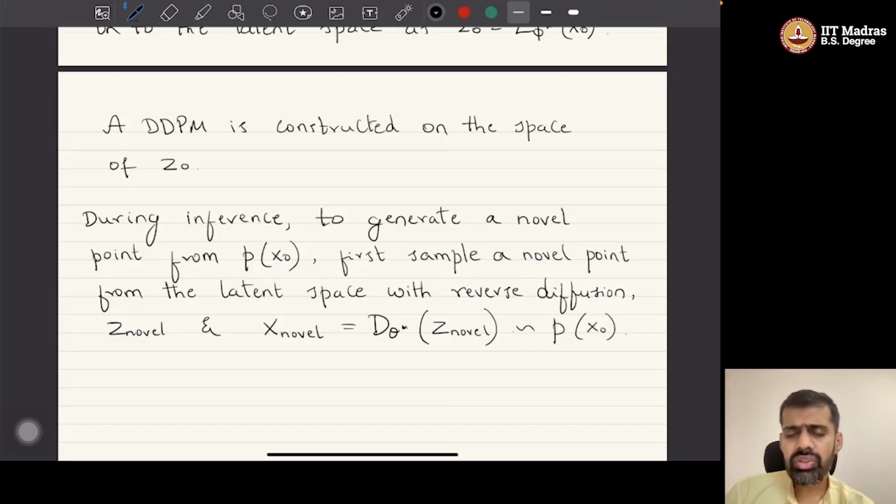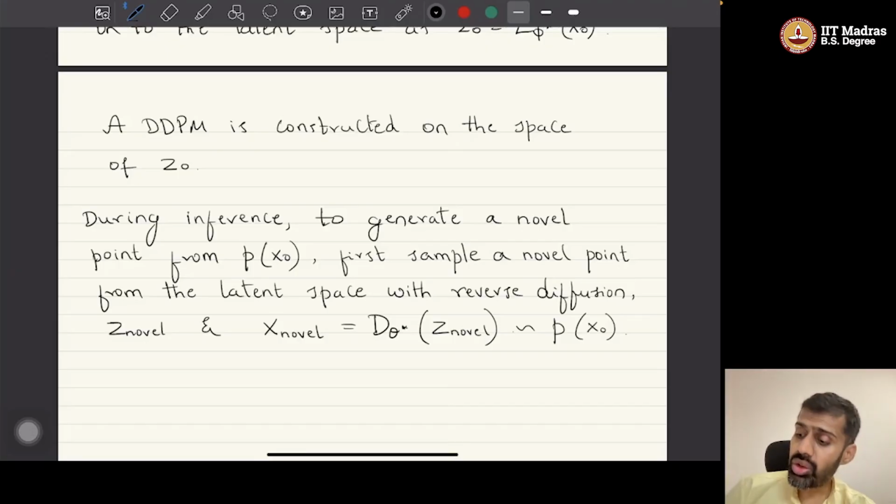Most of the currently available implementations are based on this principle: there is a strong encoder-decoder model pre-trained on the given data, and a diffusion model is built on its latent space. During inference, since the diffusion model is built on the latent space, it only learns how to generate latent points. Once you have a point from the latent space, pass it through the pre-trained decoder to get the point from the data space. So that is the idea.